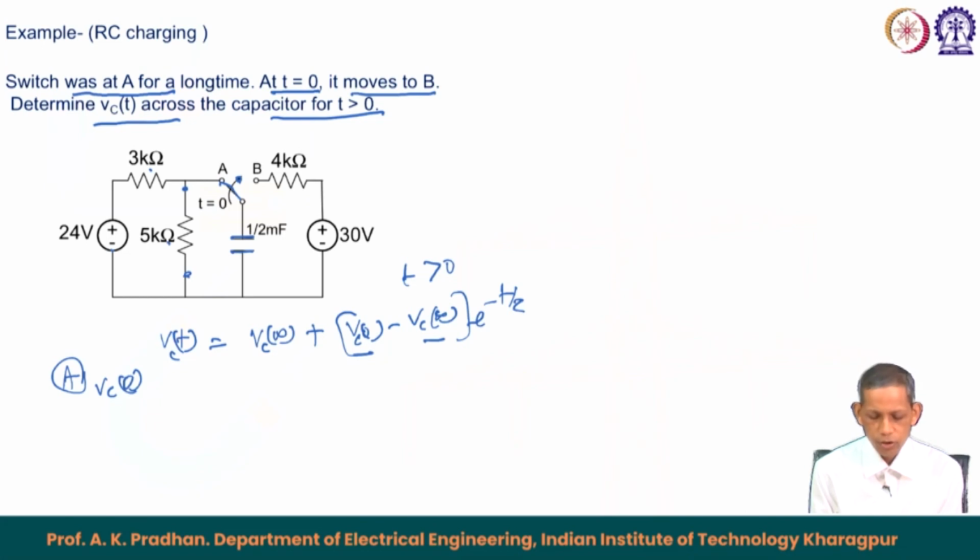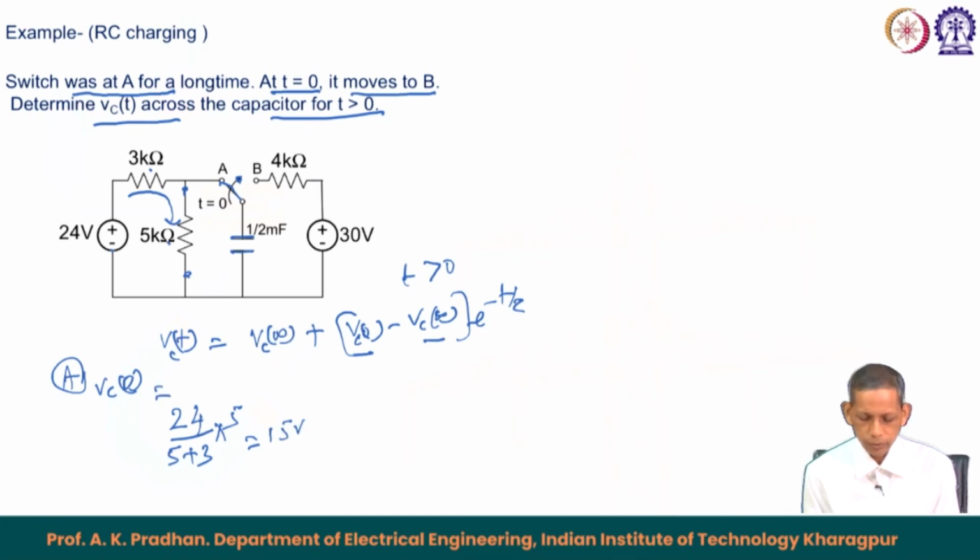At steady state the capacitor behaves like an open circuit, so current will flow only through the resistors. The voltage across the 5 kilo ohm will be 24 volt divided by (5 plus 3) kilo ohm, into 5. So this becomes 15 volt. So VC(0) equals 15 volt.